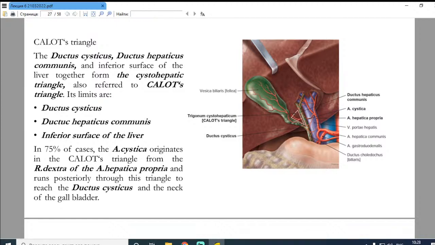Calot's triangle: ductus cysticus, ductus hepaticus communis, and inferior surface of the liver.